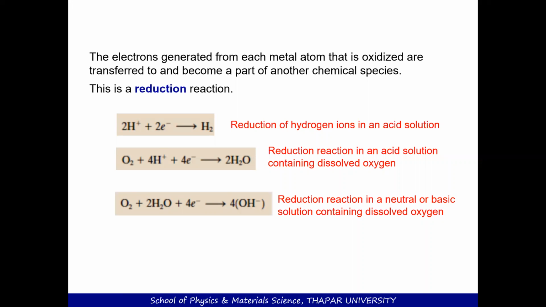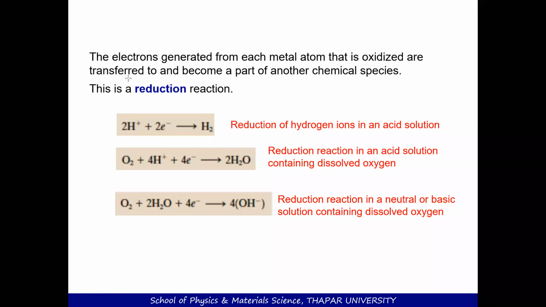So the atomic species which accepts the free electrons from its surrounding undergoes a reduction reaction. Generally, atoms which are already in a cationic state, that is in a positive valence state, can accept the negatively charged incoming electron, and in the process they form neutral atoms.